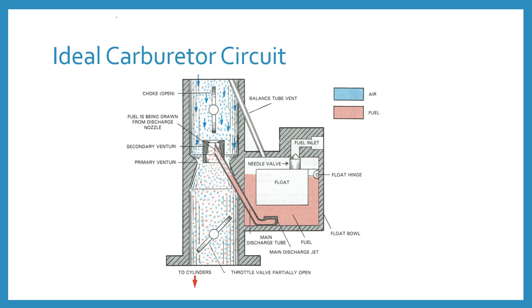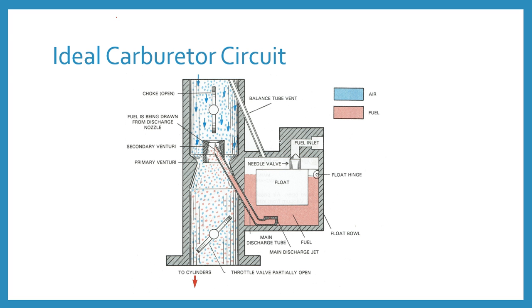There is a small hole in the upper part of the mixing chamber, which is basically placed above the venturi. Here the air from the air horn enters this small hole and is directed through the bypass passages.